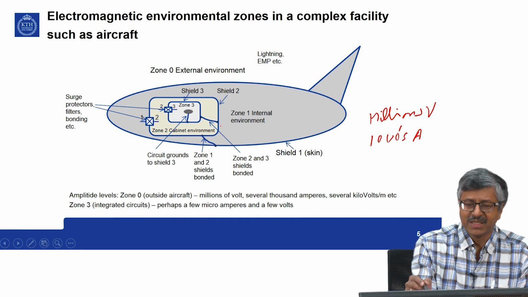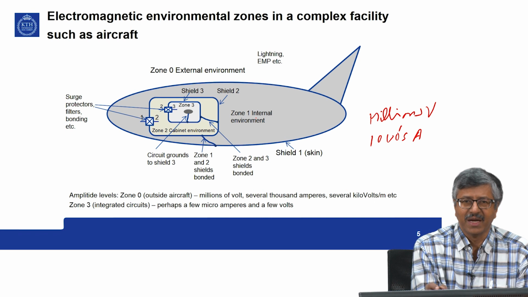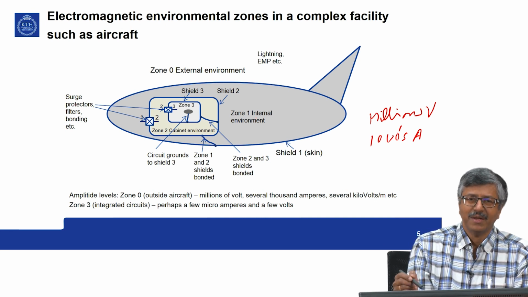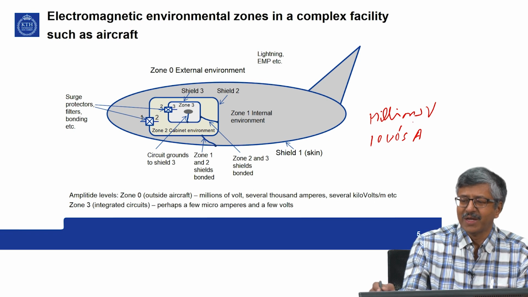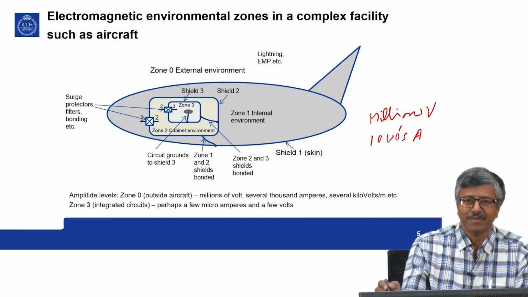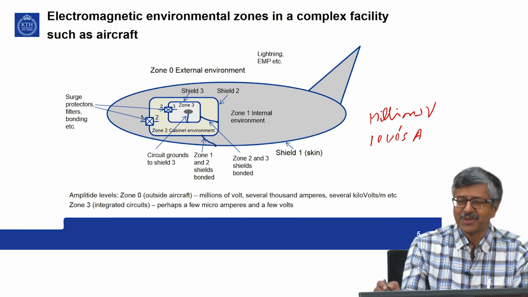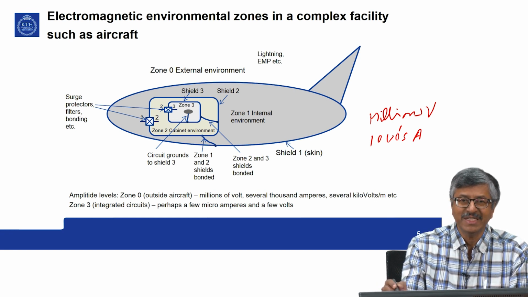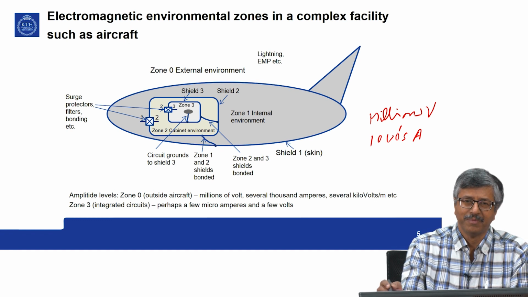When a plane is struck by lightning, the passengers sitting inside, what will be their potential with respect to the earth? They are also at millions of volts, because it is not the absolute value of voltage that is important, it is the voltage difference that creates the problem.